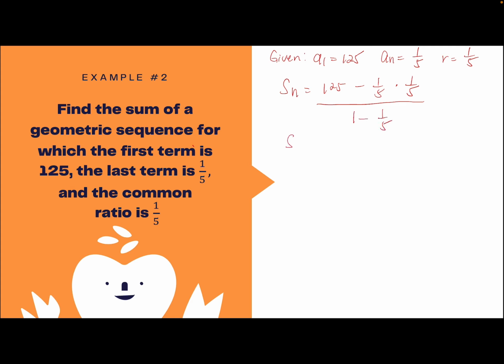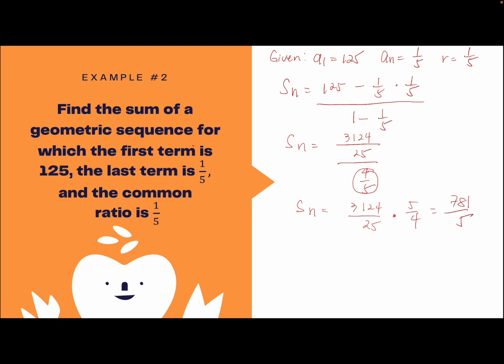So we have S sub n equal to 3,124 all over 25. Let us simplify the answer. Over 1 minus 1/5, that is 4/5. So S sub n is equal to 3,124 over 25 times 5 over 4, getting the reciprocal of 4/5. Multiplying, we have 781 over 5.